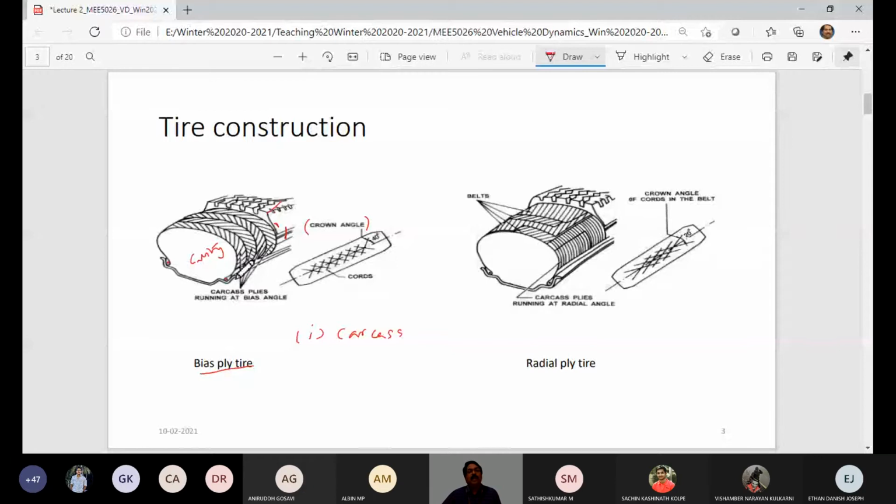So a special inner liner is provided in tubeless tires, which should have high impermeability of the rubber compound, so that it will not allow any air leakage. So it would hold the necessary inflation pressure inside the tire.